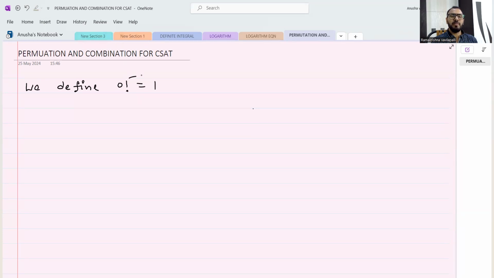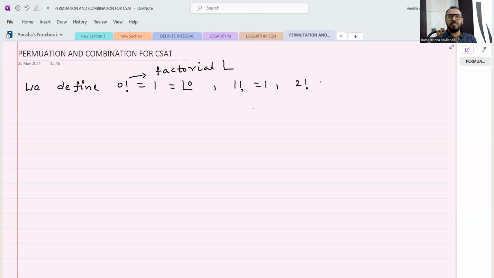This is the factorial symbol. Of course, this factorial symbol can also be represented like an L shape. So I can write 0 factorial, and 1 factorial equals 1.